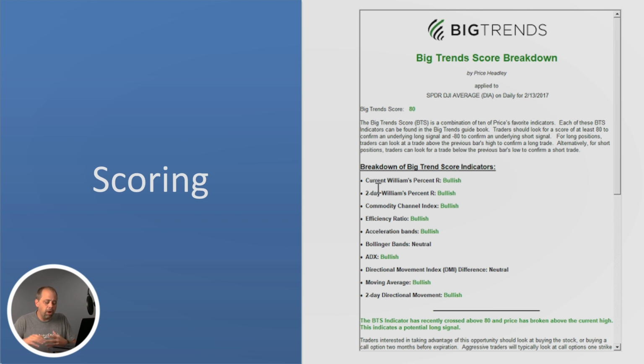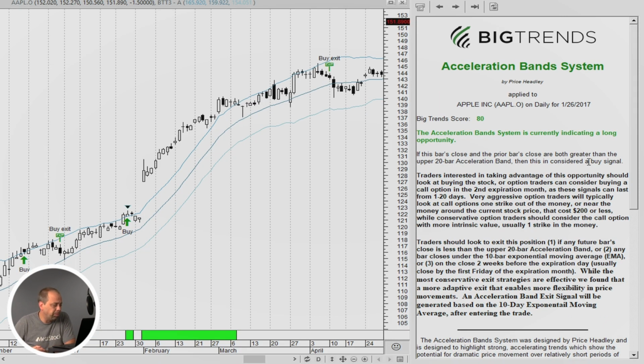So this is a methodology that you can use, but anytime you see a signal, whether it's in the Big Trend system, the Big Trend Score system, the Big Trend band system, or the acceleration or efficiency system, any of the systems that were already included, every time you get a buy signal, you're going to be able to see a score.